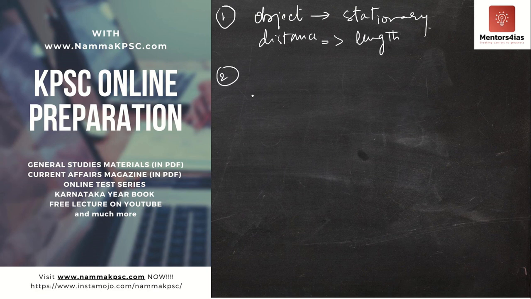Second case, when a train crosses a platform, a railway platform, a bridge, a tunnel, or anything like that, the object which the train is crossing is stationary. Then here also the object is stationary.